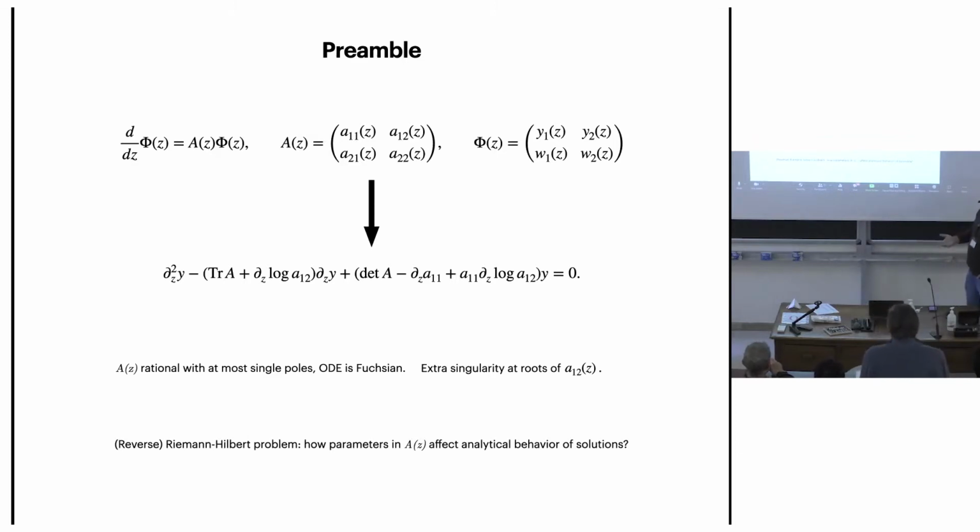Despite being an extra singularity, you can convince yourself very easily that this singularity is what mathematicians call an apparent singularity, because of the analytic properties of the solutions there. If you go around the singularity in the complex plane, the solution will come back to itself. So it has trivial monodromy, as you see.